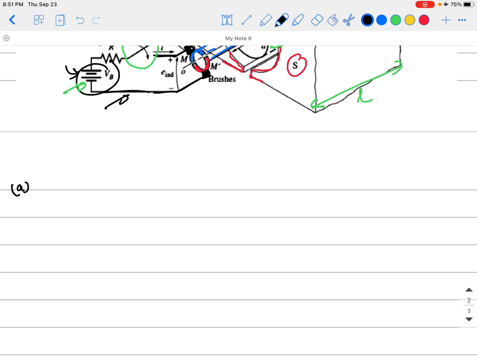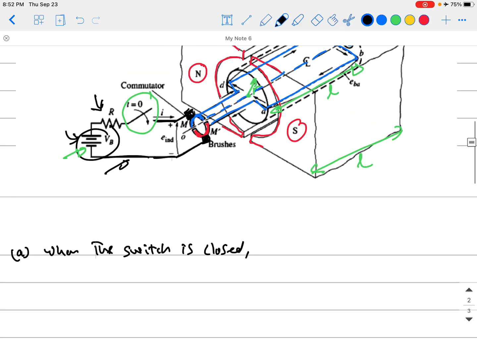Okay, guys? It is the same theory of operation I've been discussing all the time. When the switch is closed, like I said here, when this switch goes closed like this, now the supply VB is applied to the loop, and now current will start going.